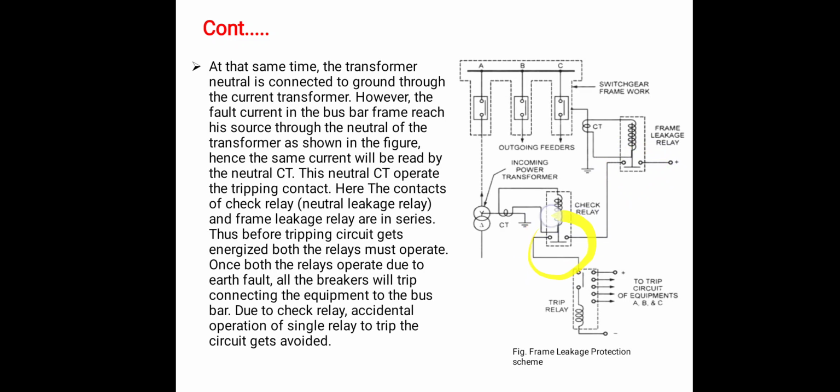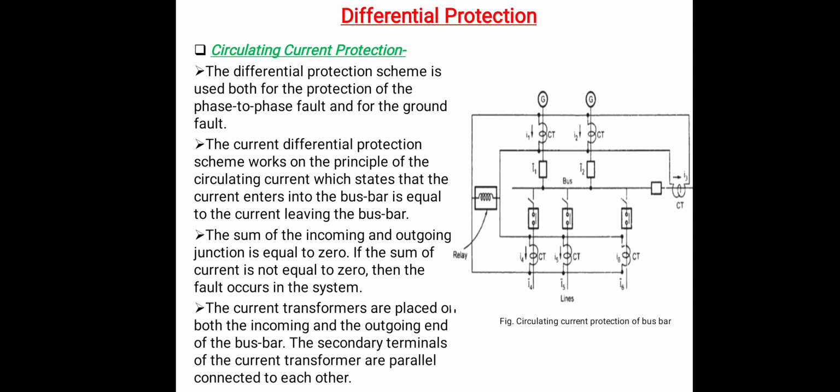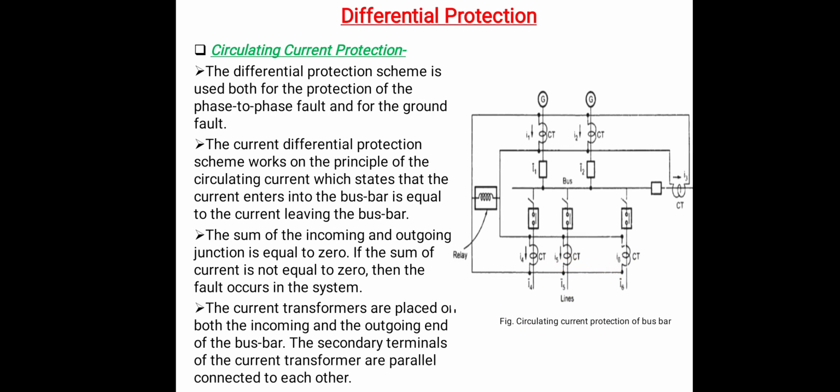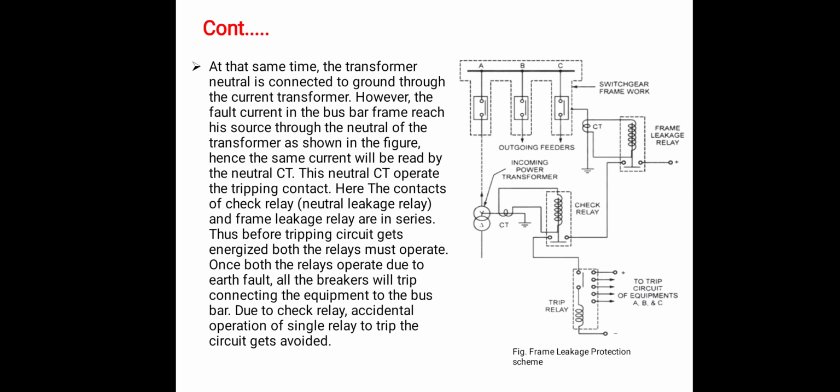When these two contacts are closed, then the contact of the trip circuit is closed. When this contact of the circuit breaker trip relay is closed, it gives the information to the trip circuit, and the circuit breaker trips all the circuit breakers and isolates the healthy section from the faulty section.